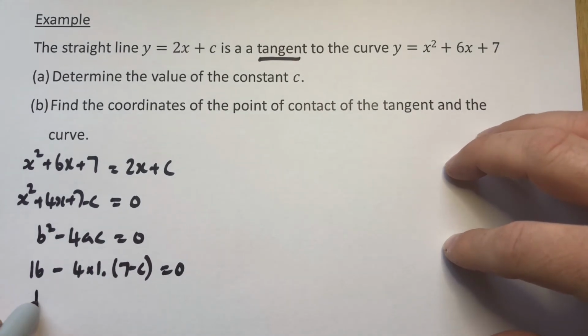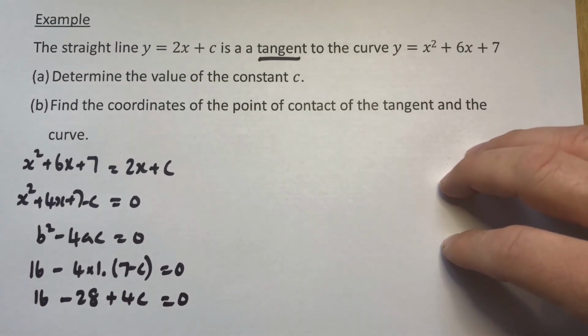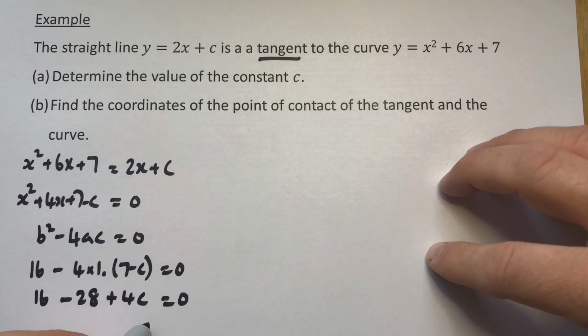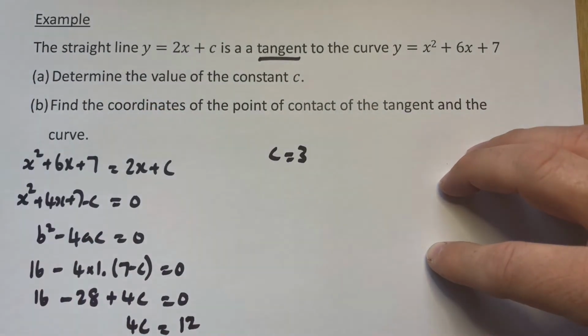Well, we got 16 minus 28 minus so plus 4c equal to 0. So here we've got minus 12, put it on the other side, it is positive 12, and that's 4c, so c works out to be 3.